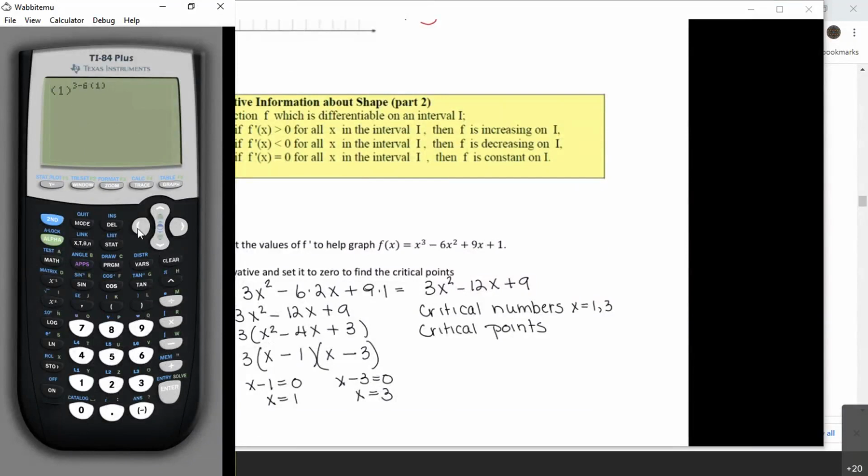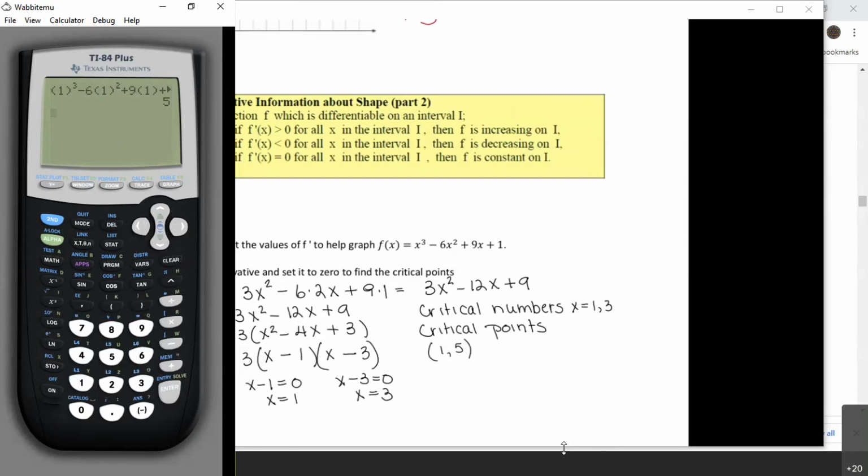Oops, I'm still up in the exponent. Let me get rid of that. Forgot to step out of the exponent. Minus 6 times 1 squared, plus 9 times 1 plus 1. So that value is 5. So one of my critical points is (1, 5).